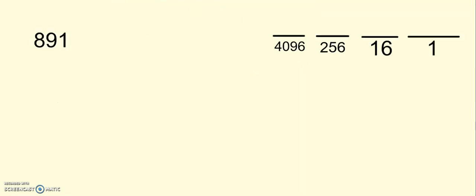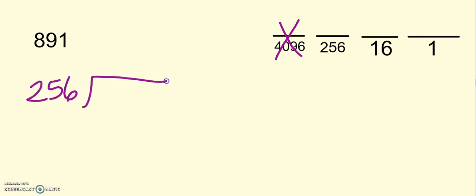Alright, so one last example. Let's do 891. Now 4096 is too large. It is larger than 891, so we will not use that place value. However, we can use 256. So how many times does 256 go into 891?